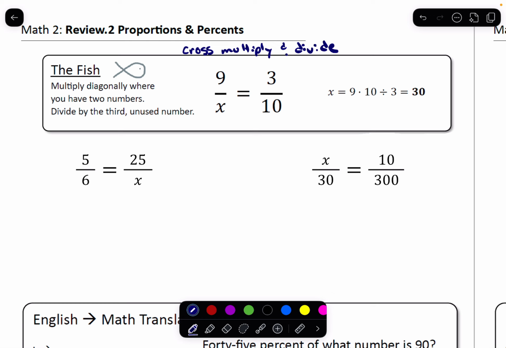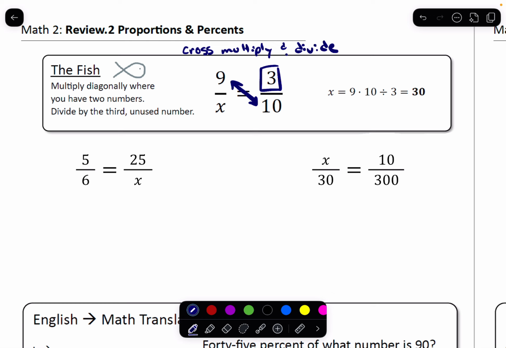What that means is you take the two numbers that are at a diagonal from each other. In this case, it would be the 9 and the 10. You multiply those together. 9 times 10 is 90. Then you take that answer and divide it by the number that's all by itself, that 3 that's left over.